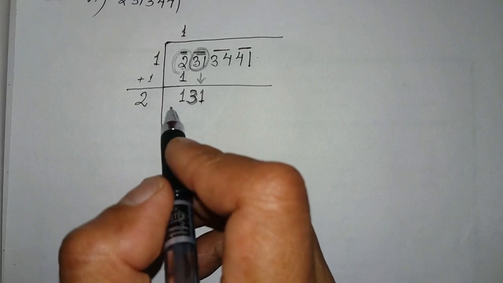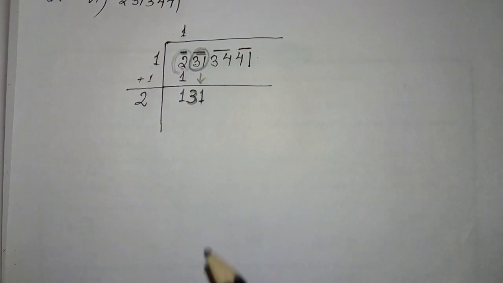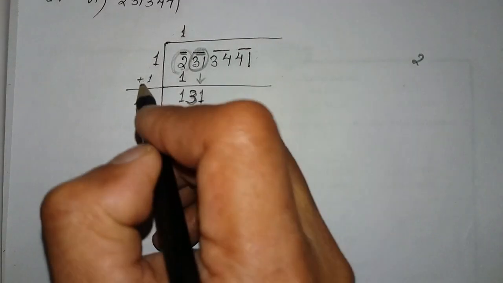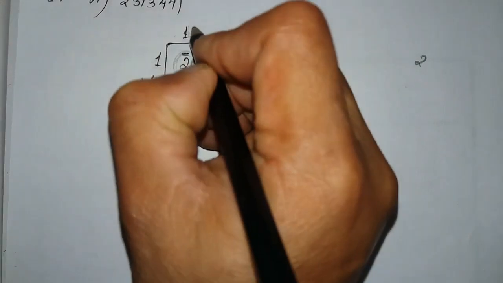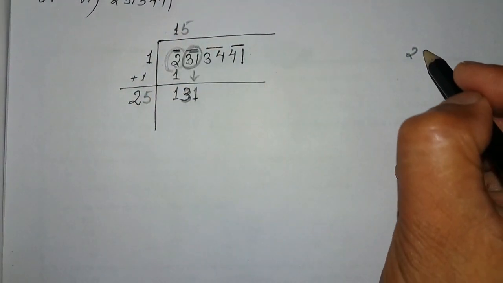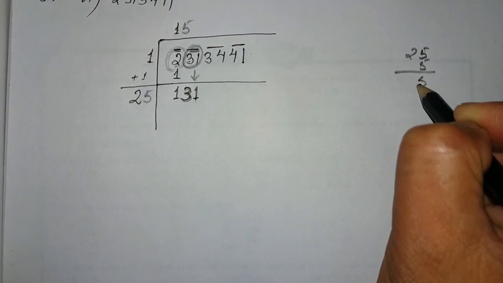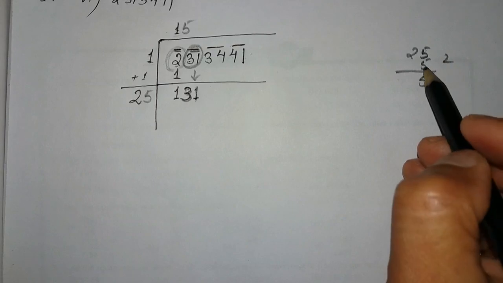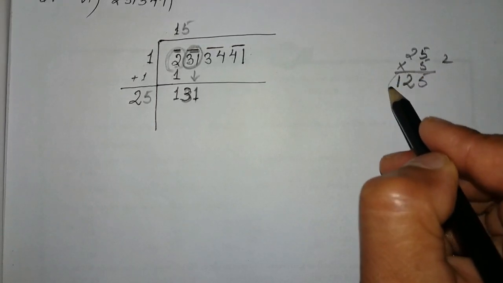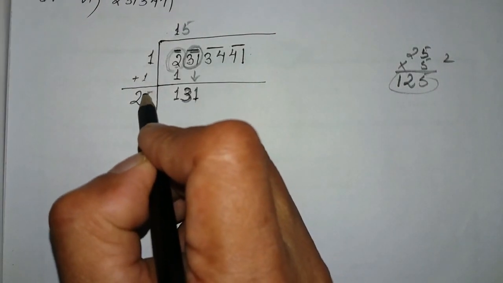So we can try with 5, or we can try with 6. So first let's try with 5. If we write here 5, then we have to write here again 5. So 25 into 5. 5 5s are 25, 2 and carry n. 5 2s are 10. So we have here 12. So 125.